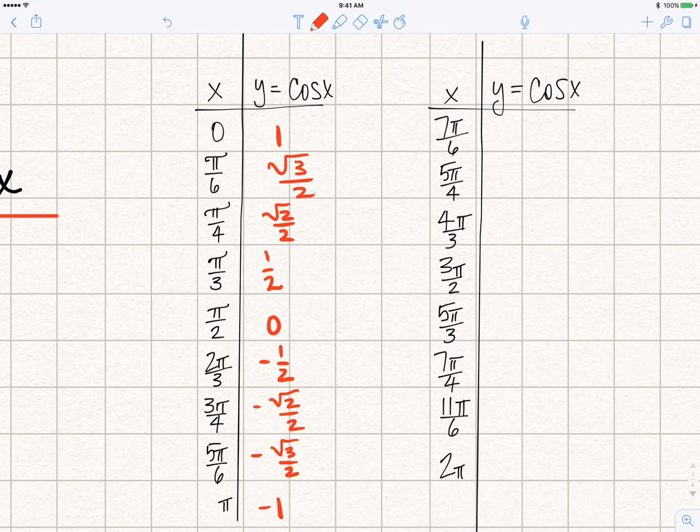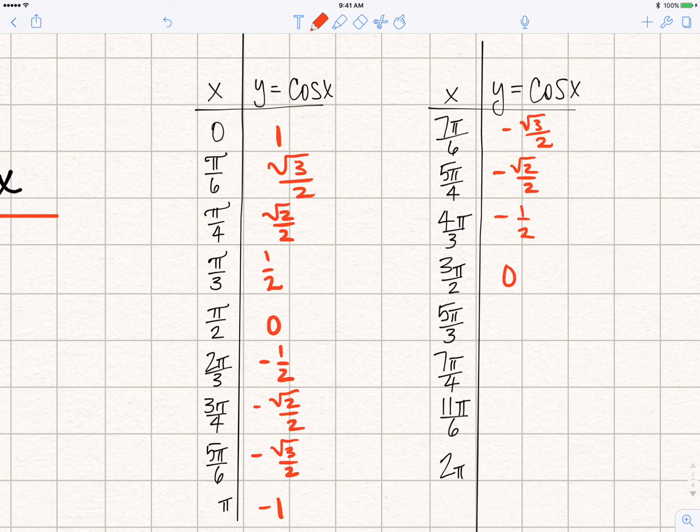Into the third quadrant, the X value at 7 pi over 6 is long, still going to the left, so negative root 3 over 2. 5 pi over 4, negative root 2 over 2. 4 pi over 3, short leg, so negative 1/2. And down at the bottom, there is no right or left, so it's 0.